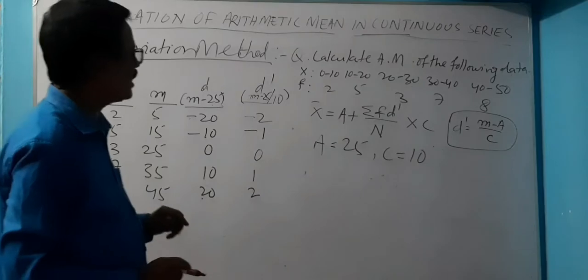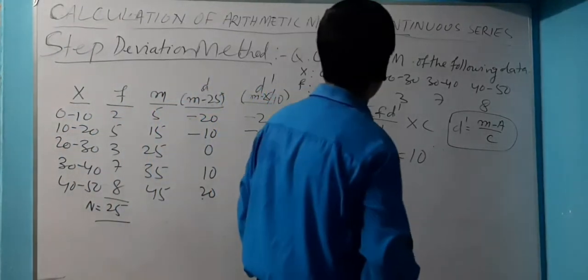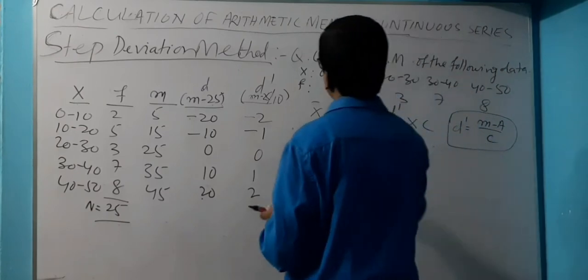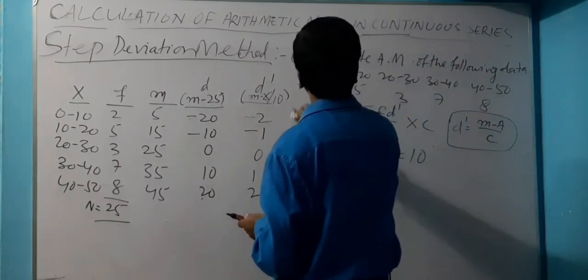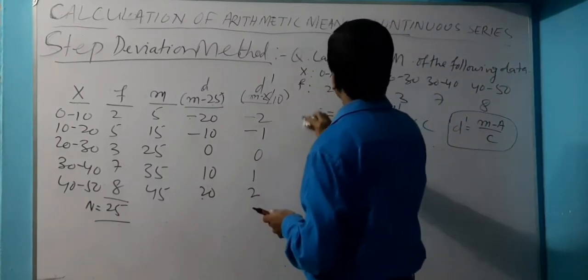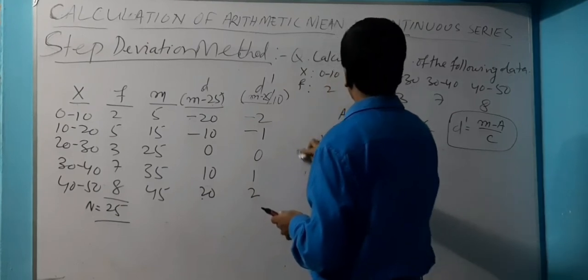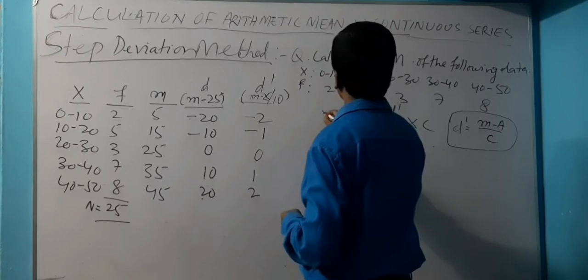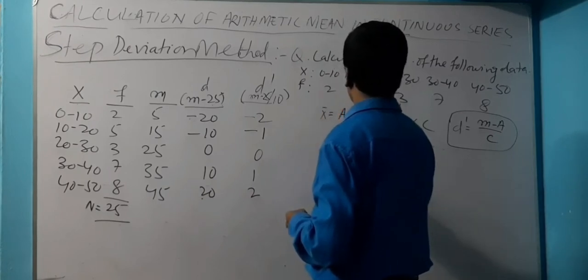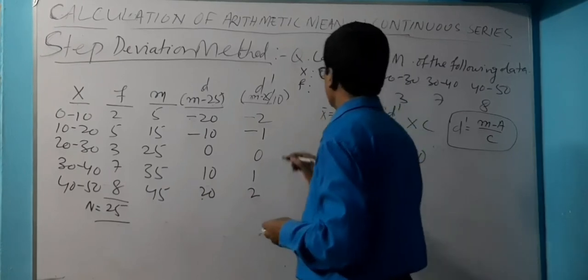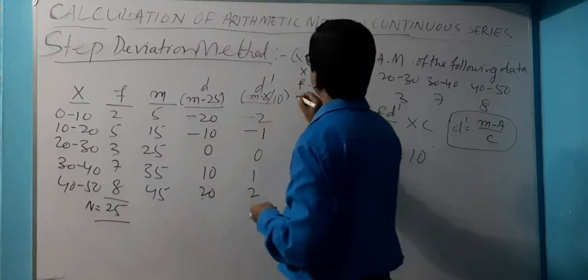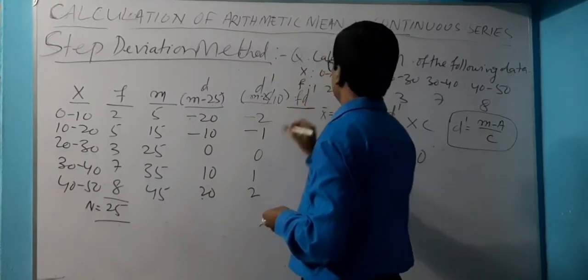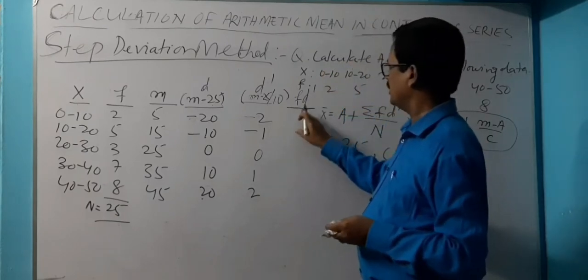Now we have to take another column, that is f d dash. Mark it. Take another column as f d dash.